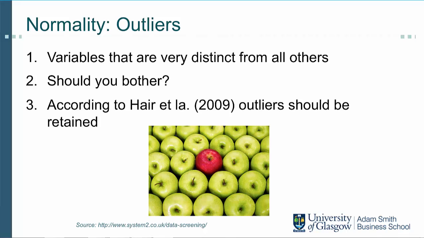One, I tend to deal with Likert scales, anchored with 7 points, and such scales rarely produce outliers. They are simply too short. Secondly, Hair et al. suggest that outliers should be retained unless you can demonstrate that they are not representative of the population you are researching. Such proof is difficult to come by.